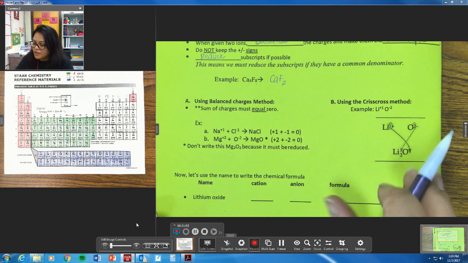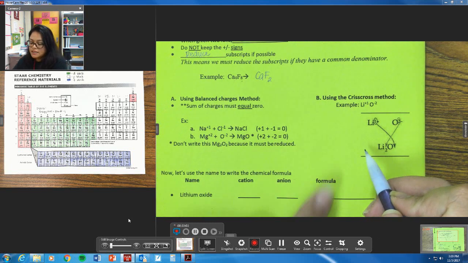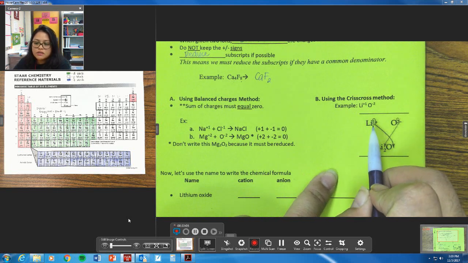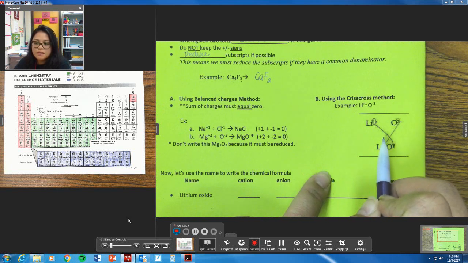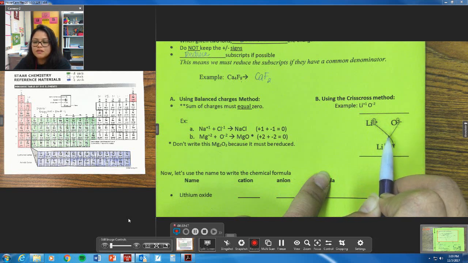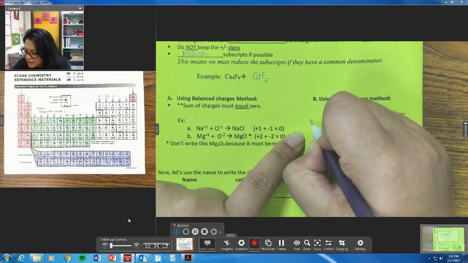The other method, which I know a lot of my students find the easier way, is the crisscross method. What you're going to do is your charges are going to become the subscripts for the opposite element. So I'm going to go ahead and write that down.